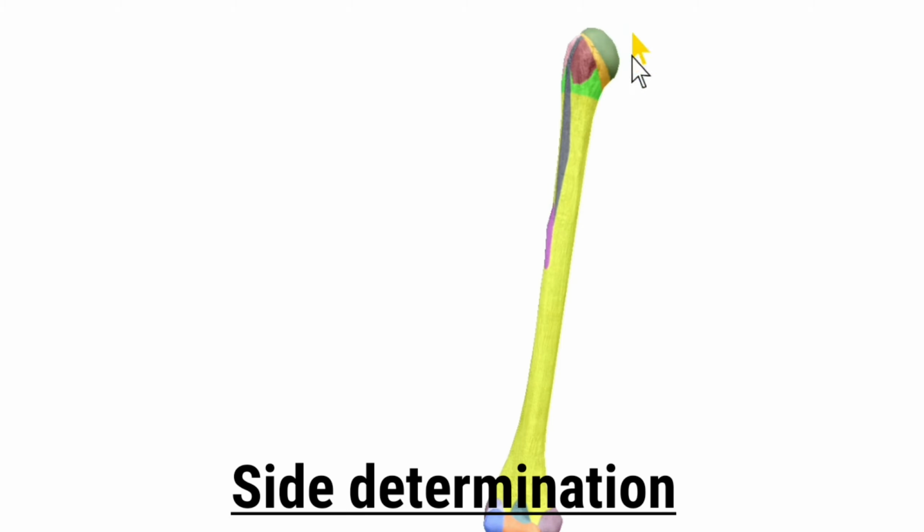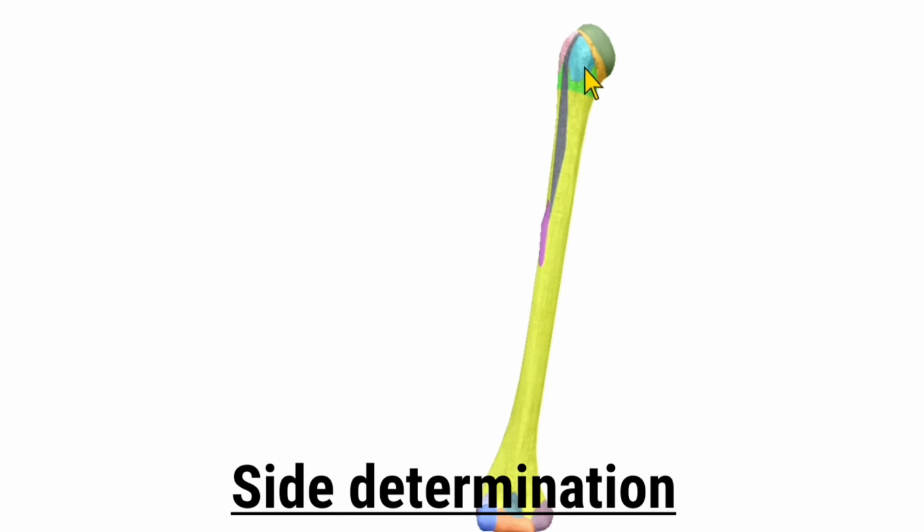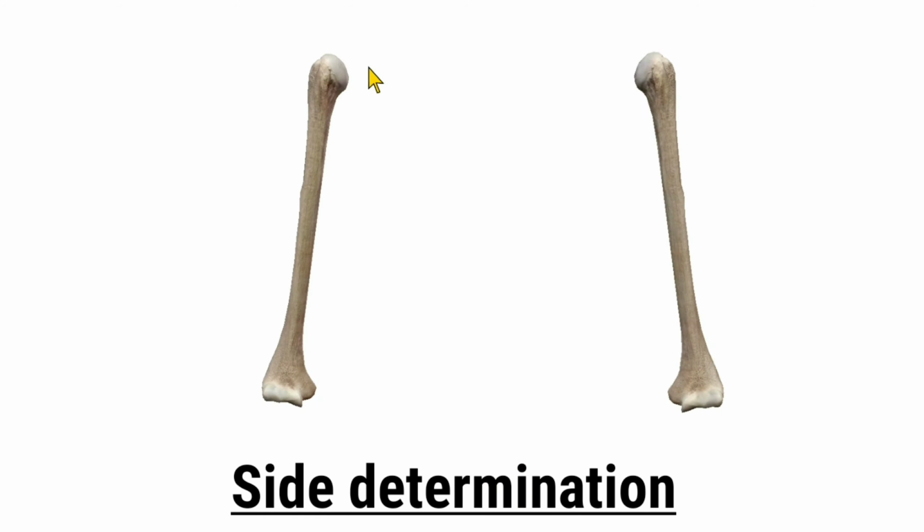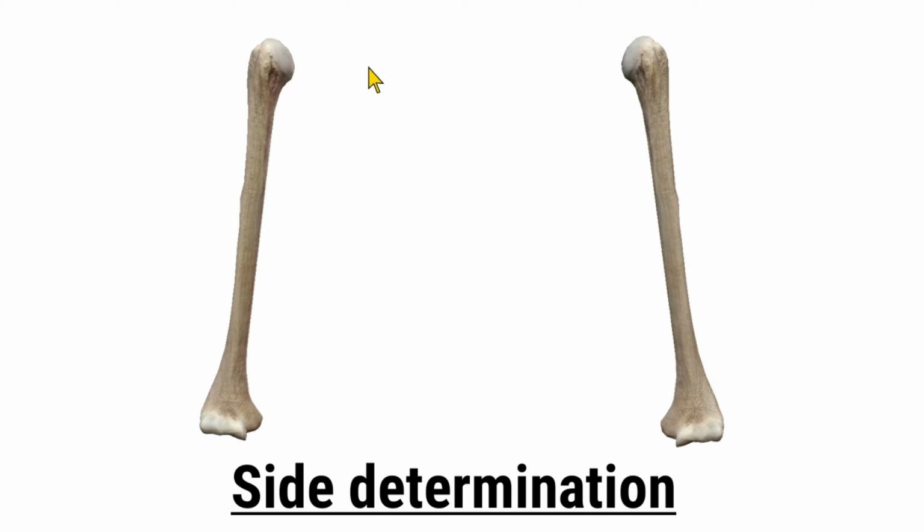The head is directed medially, upwards and backwards. Another thing is the lesser tubercle here. The lesser tubercle is from the front of the upper end and is laterally limited by the intertubercular sulcus, also called bicipital groove.